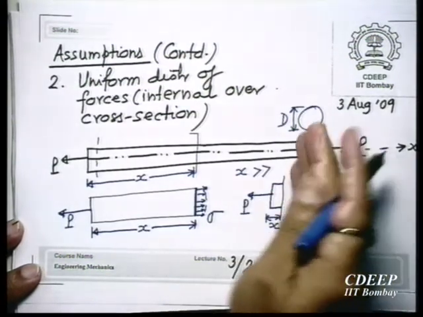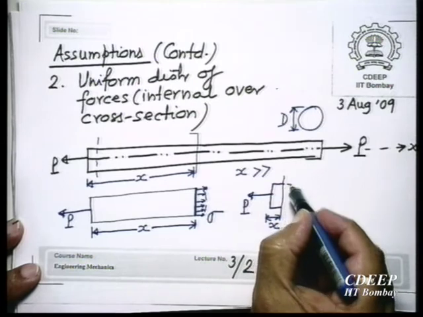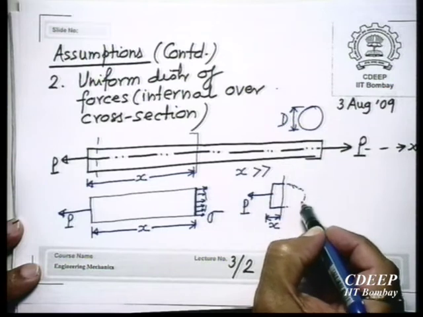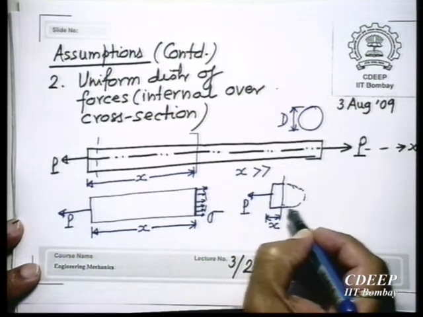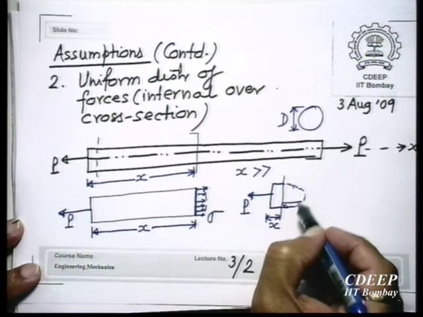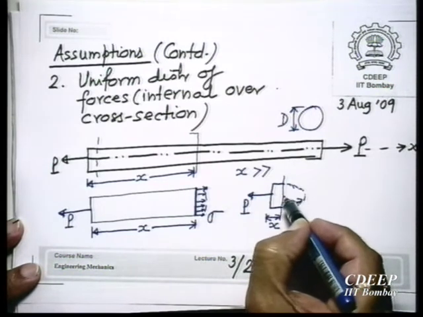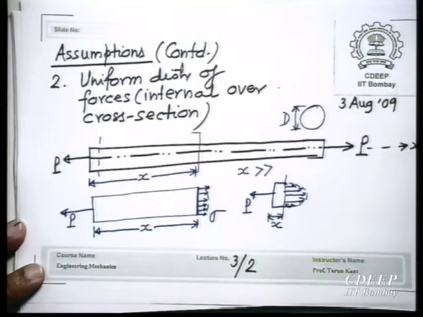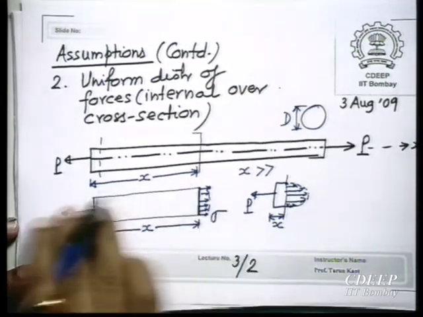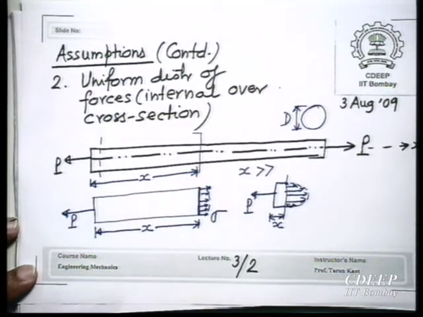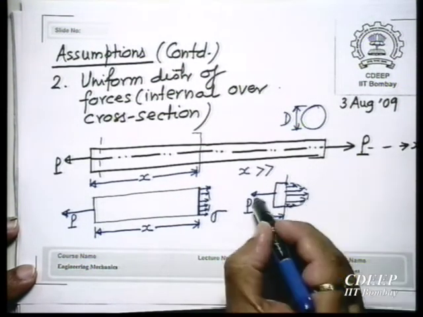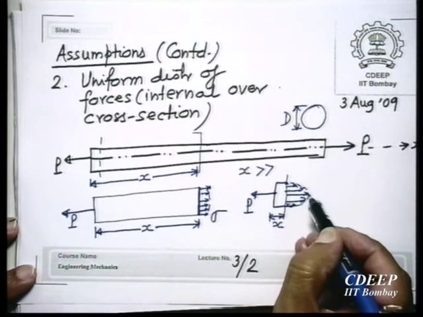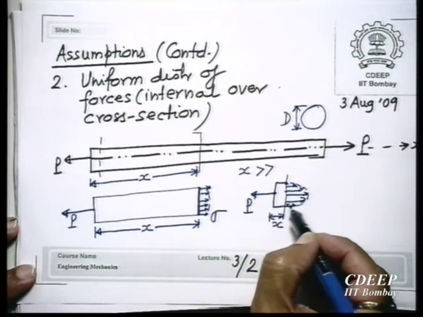What will happen is that the distribution will be something like this, a small force, a large force, a small force, which is non-uniform. Away from it, yes, it is uniform, but here in the center, because the load is applied along the center axis, the maximum value will be there, and then on both sides it will reduce.